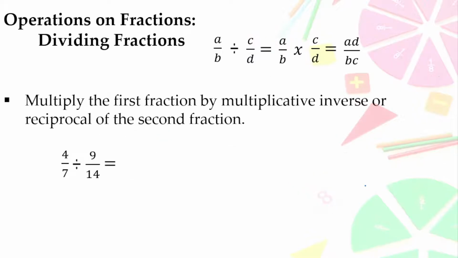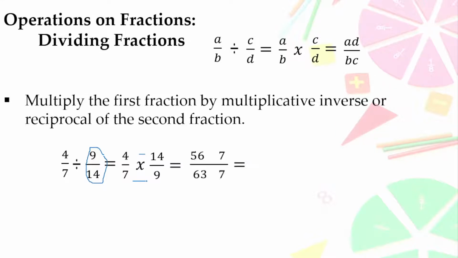So now, let's move on to dividing fractions. So first, we need to multiply the first fraction by the multiplicative inverse or reciprocal of the second fraction. Okay? So, 4 over 7 divided by 9 over 14. So, 4 over 7 times, gagawin po natin tong reciprocal, and then we will get 14 over 9, and then we will multiply 4 times 14, and then 7 times 9.